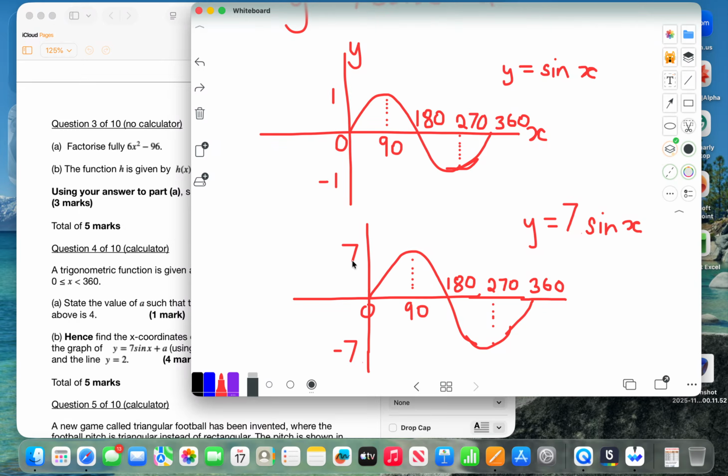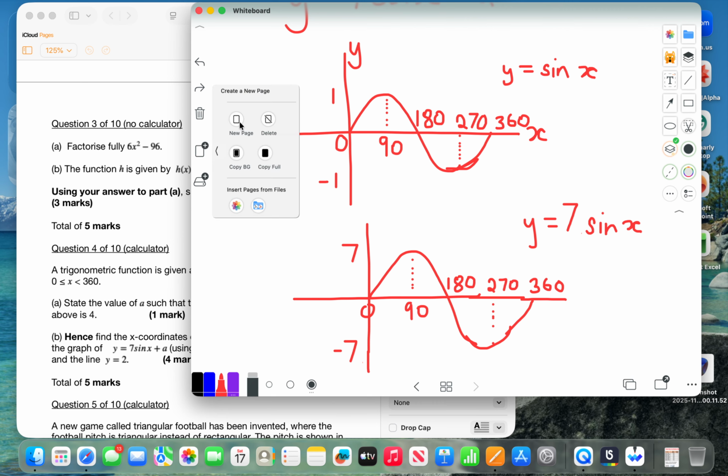We have a maximum of 7 and a minimum of -7. But we have to find the value of a so that the maximum value is 4 instead of 7.